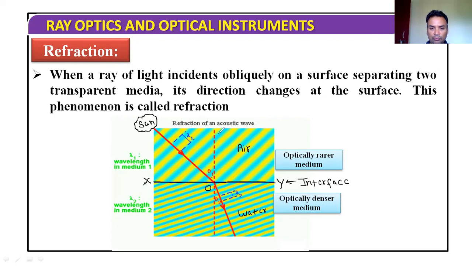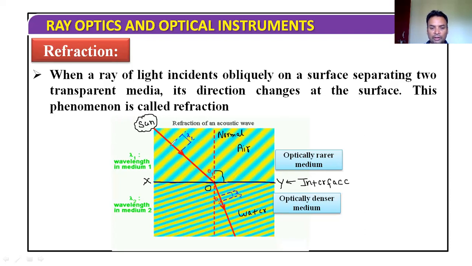And this is my normal. The normal is an imaginary line drawn perpendicular to XY, perpendicular to this interface. This is called a normal.